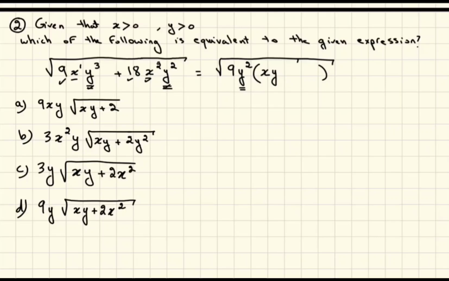So I will repeat what I did. The 9, we took it out, so I don't write it inside the parentheses. The x, we didn't move it anywhere, so it stays. The y cubed, we took y squared outside, so I still have from the 3 only 1. So this is exponent like 1. Plus, we write plus. Now 18 divided by 9, we get 2.